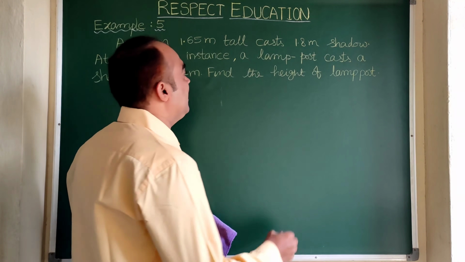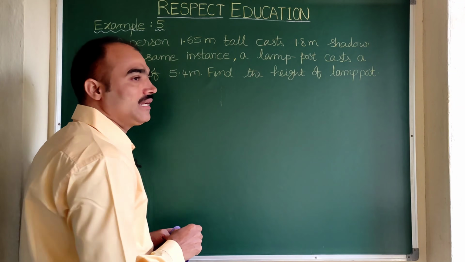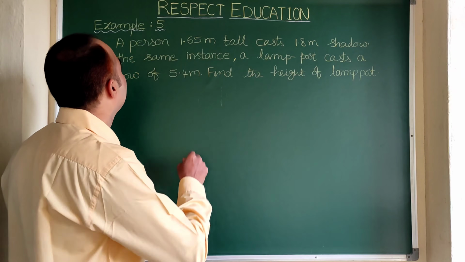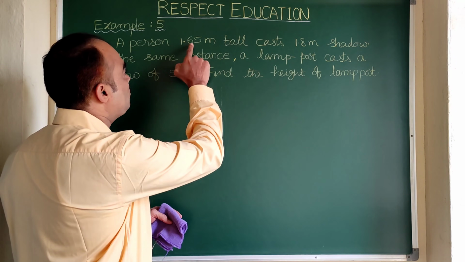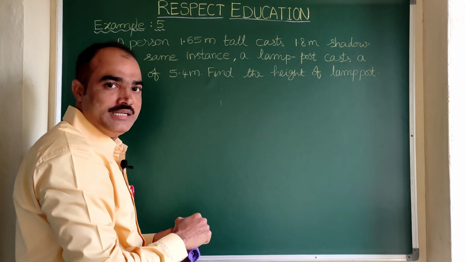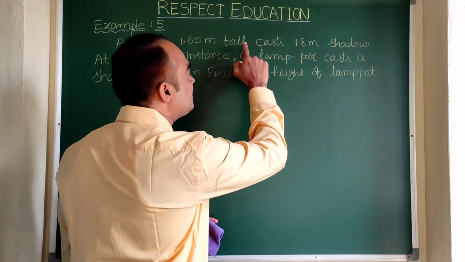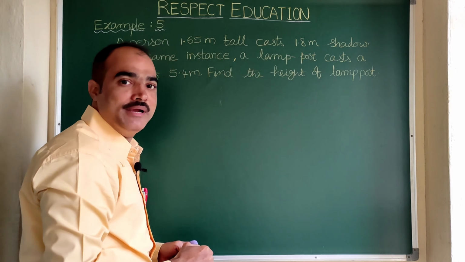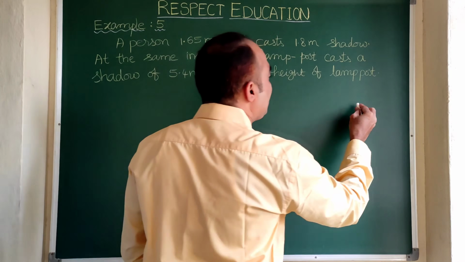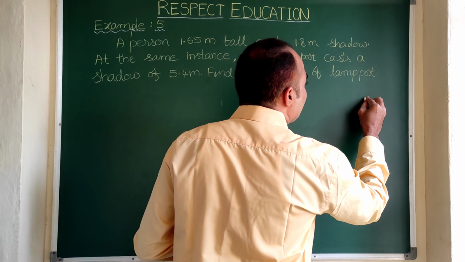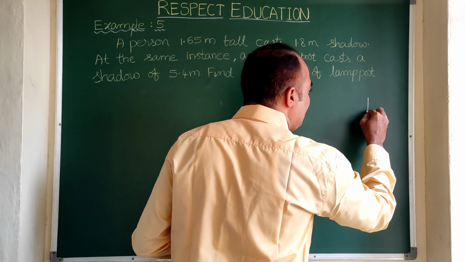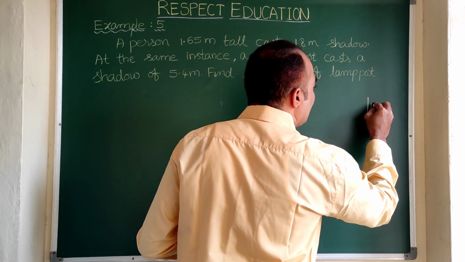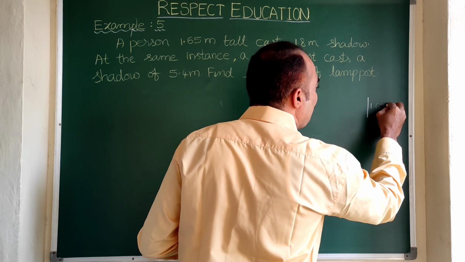So here let us draw a suitable diagram for the situation. There is a person whose height is 1.65 meter. He casts a shadow of 1.8 meter. So here, for example, here is a person whose height is 1.65 meter.